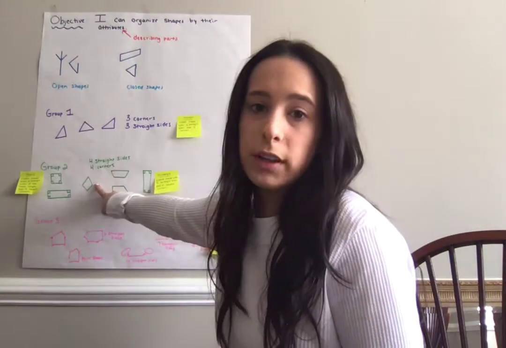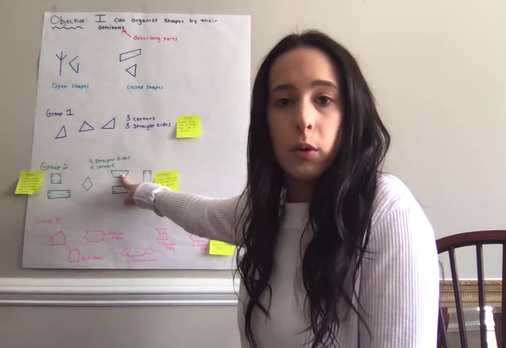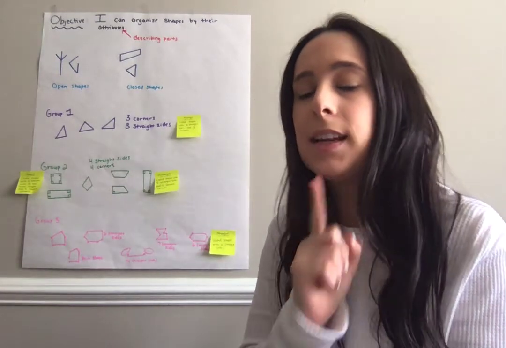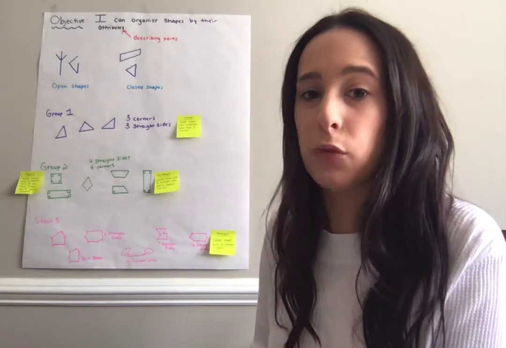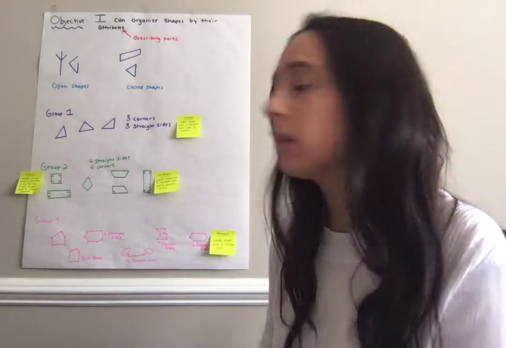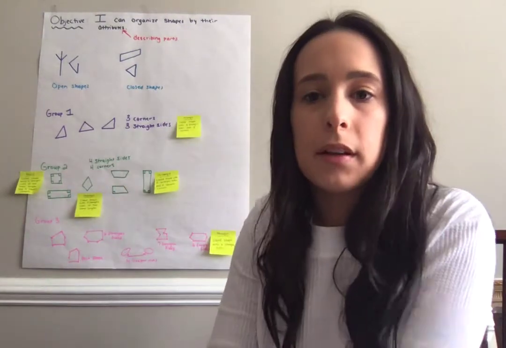So I see 3 shapes that do not have 4 square corners, but it needs to have 4 straight sides. And the only one I see that looks like it's 4 straight sides of the same length is the one right here. So I'm going to put a rhombus.